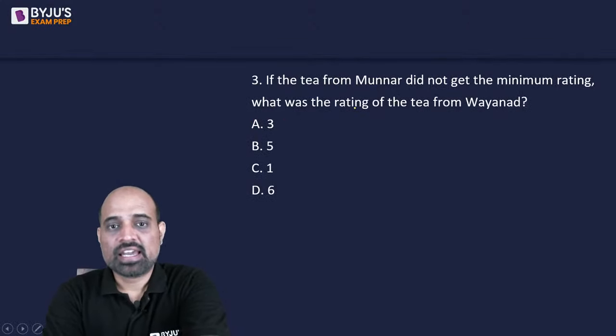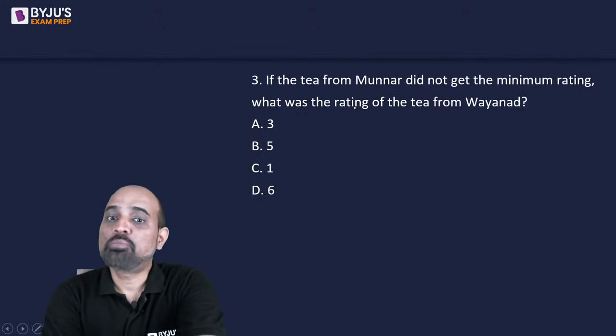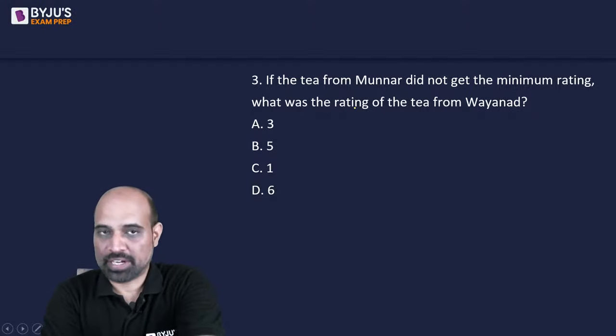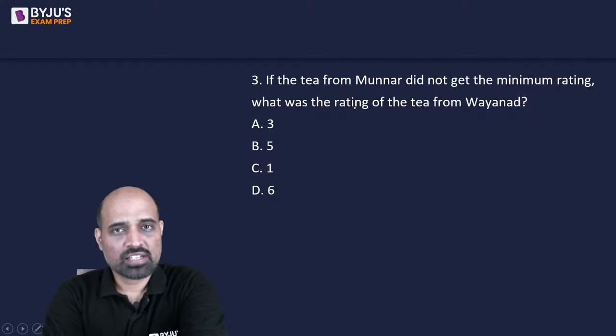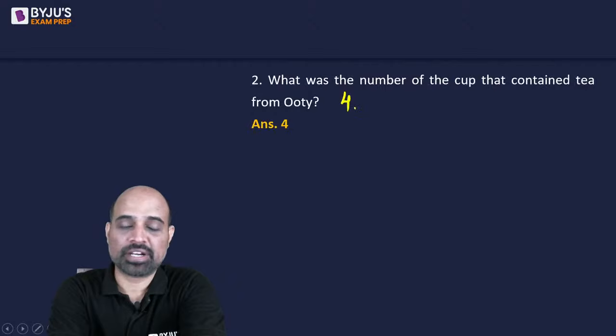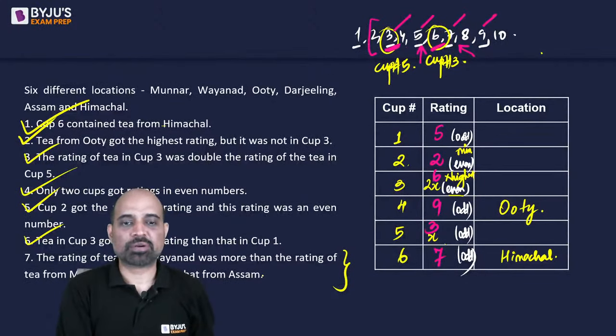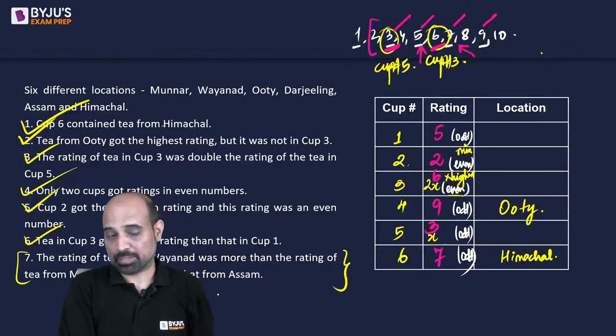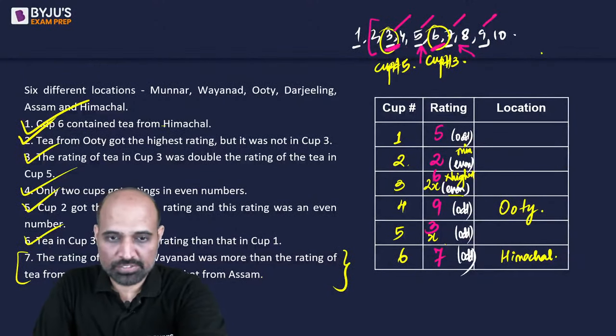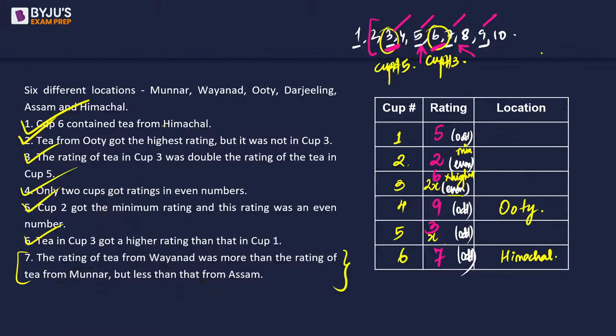Okay. Next, if the tea from Munnar did not get the minimum rating. So let's go to that. If you look at the seventh statement, I'm going to hide myself again because most probably you guys are not able to see the seventh statement. Yeah, the rating of tea from Wayanad.